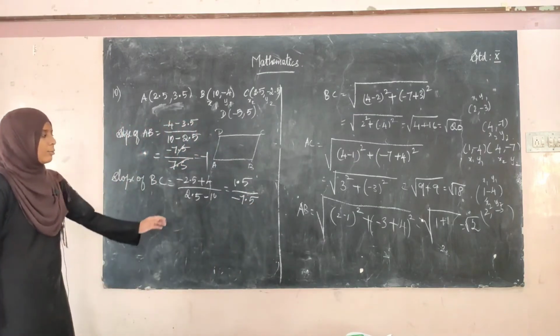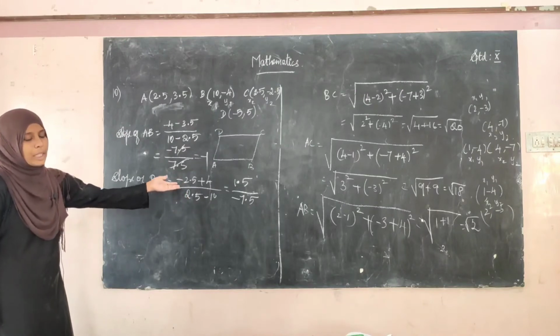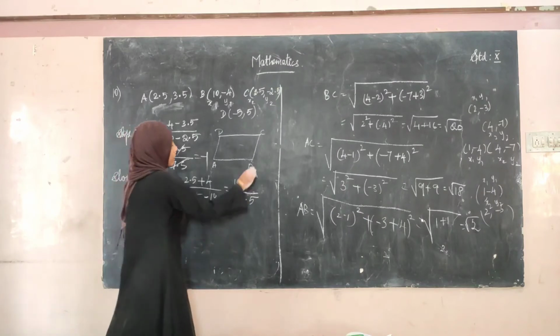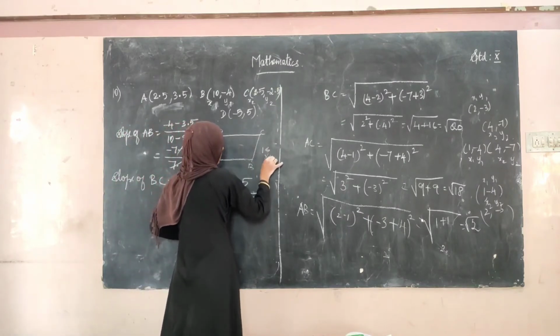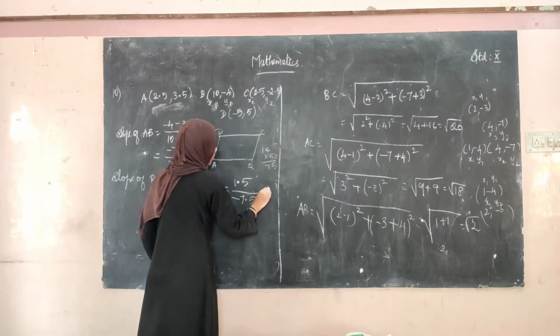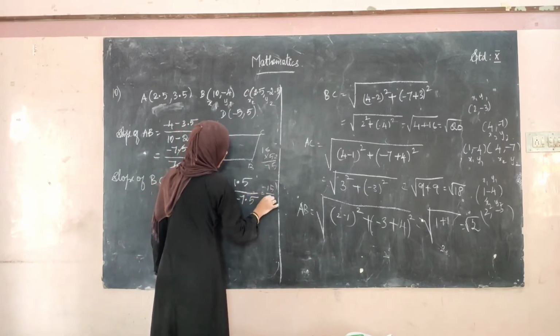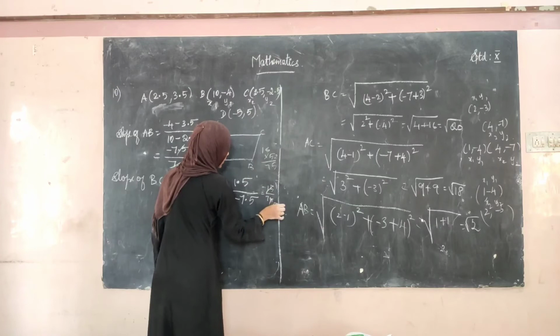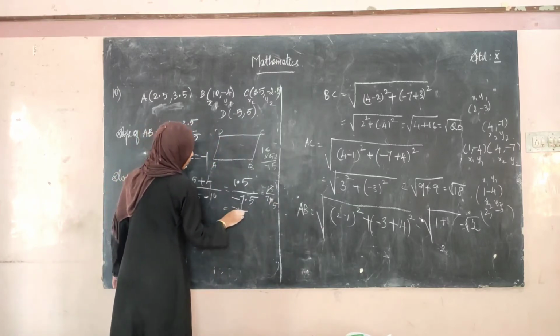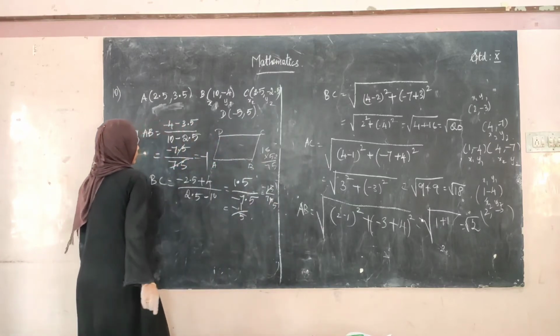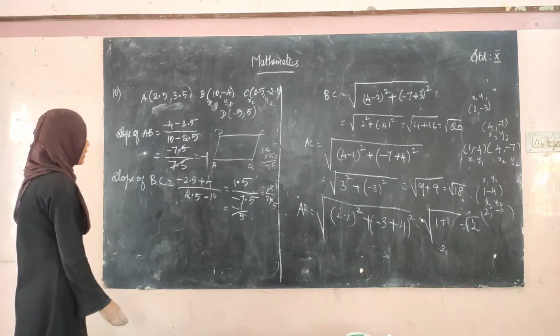Yes, we know that 15 into 5 is 75. That is, it can be written as minus 15 divided by 75. So it is equal to minus 1 divided by 5. So the slope of BC is minus 1 divided by 5.